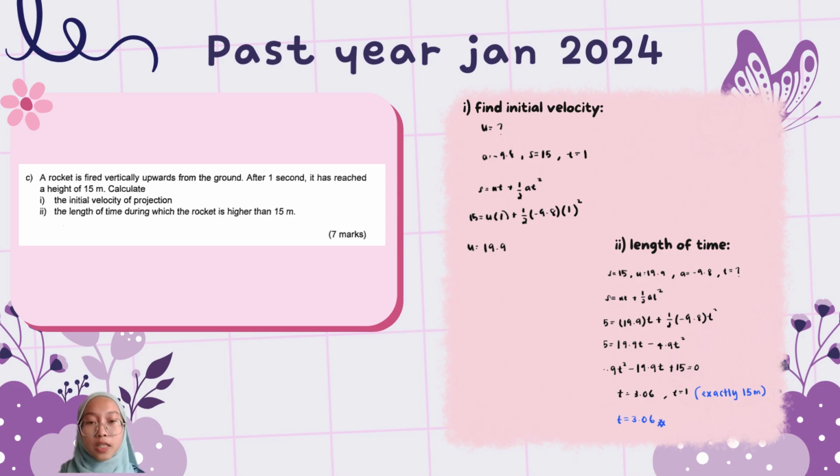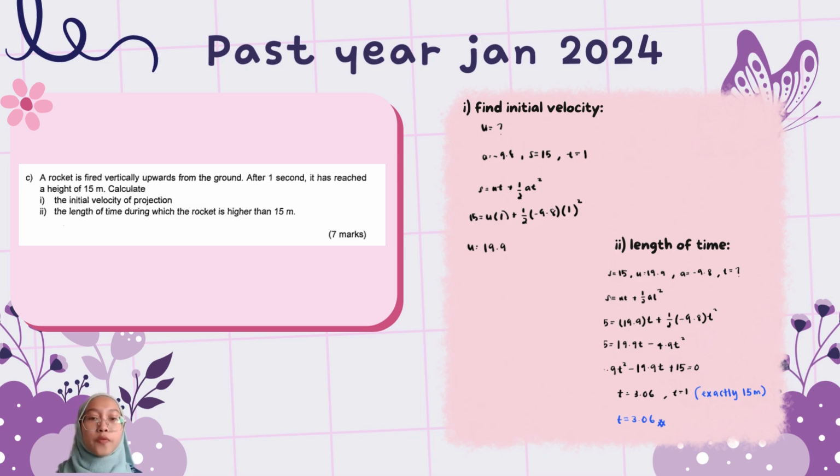First of all, you need to write all of the information you have. For gravity, you have negative 9.8, and the distance, which is 50 meter height, and the time taken is 1 second.